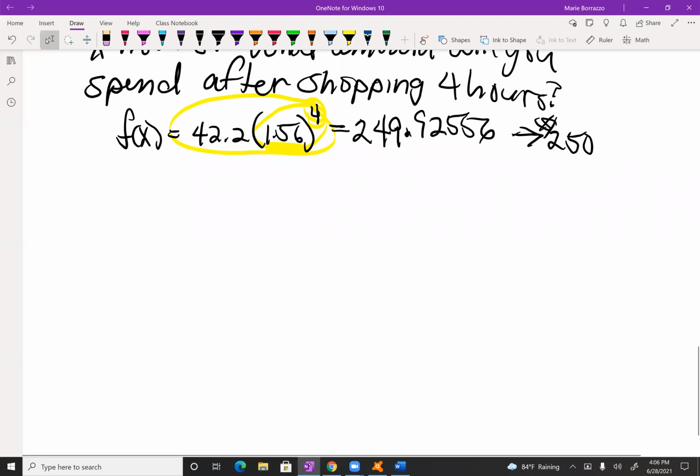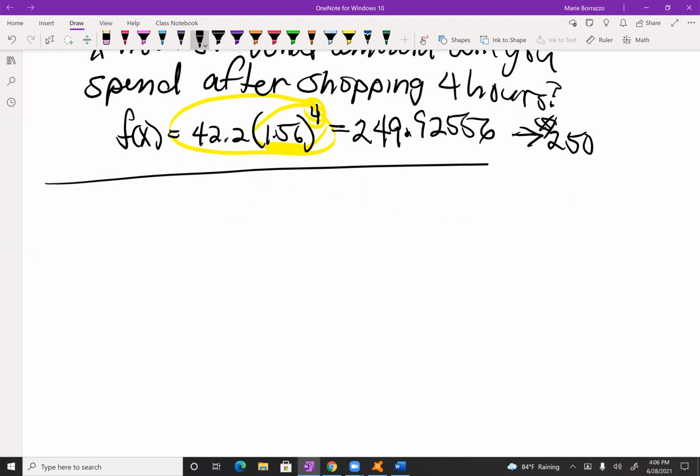All right, example 2. If everybody's cool with that, that's merely substitution. Example 2, we're going to talk a little bit about exponential functions and their graphs.